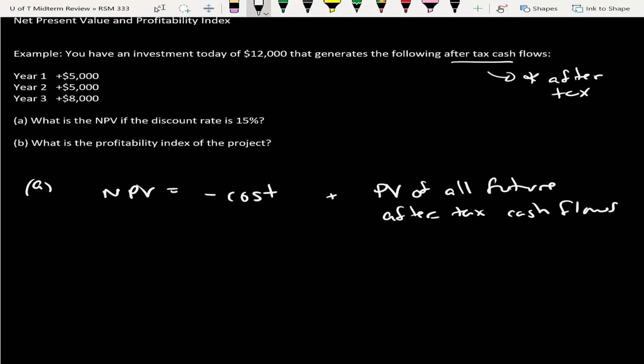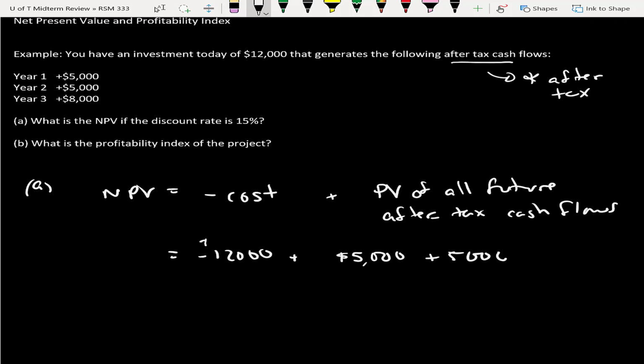And in this case, what we have, the cost is $12,000. And we have three cash flows that are positive. You got $5,000 in year one, plus $5,000 in year two, plus $8,000 in year three. But we need to discount each of these.